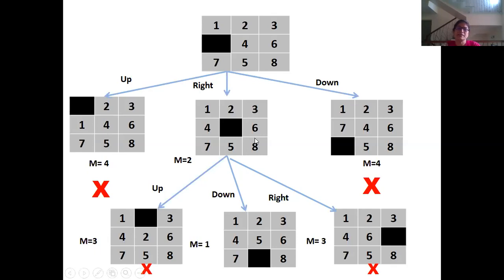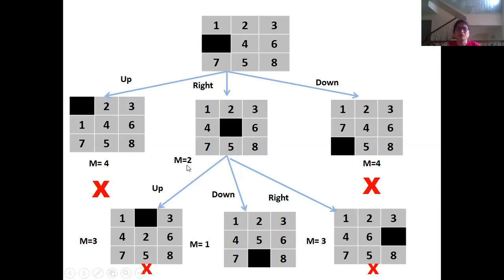Now come to the next state. When the movement is made right, again here you count 1, 2, 3, 4. All these 4 numbers are at their right position as compared to the goal state. 6 is also at its right position. 7 is also at its right position, but 5 and 8 are not at the right position as compared to the goal state. So 2 blocks are misplaced.